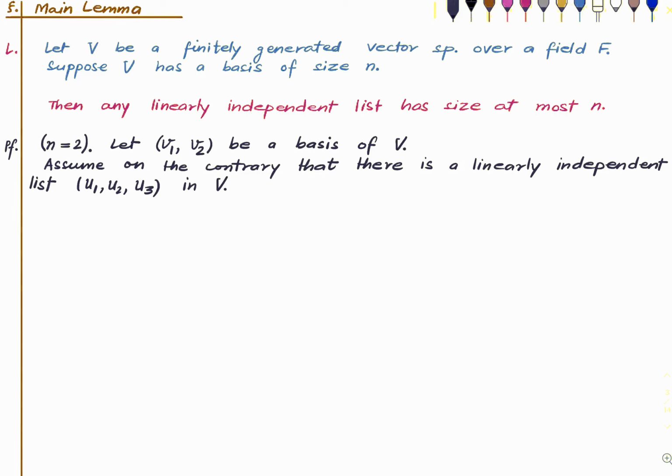If the size was greater than 3, then we could just chop off the list and retain 3 of the elements of the list. So we want to produce a contradiction. That is our goal.